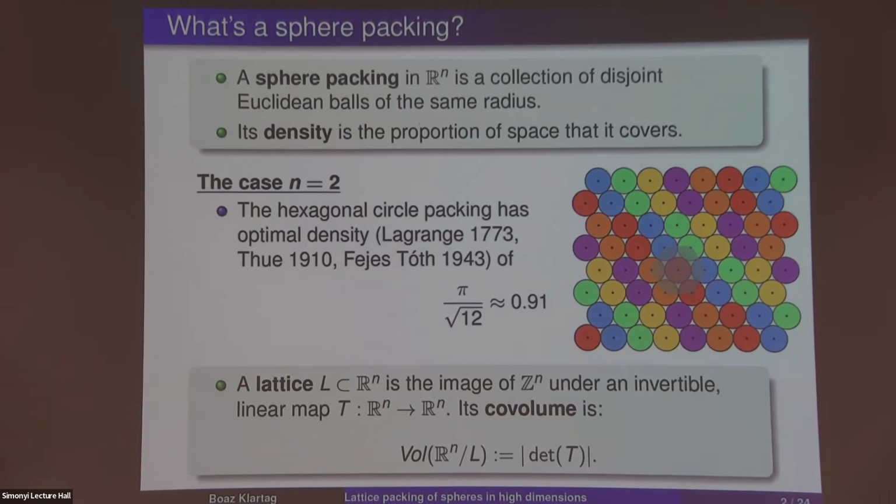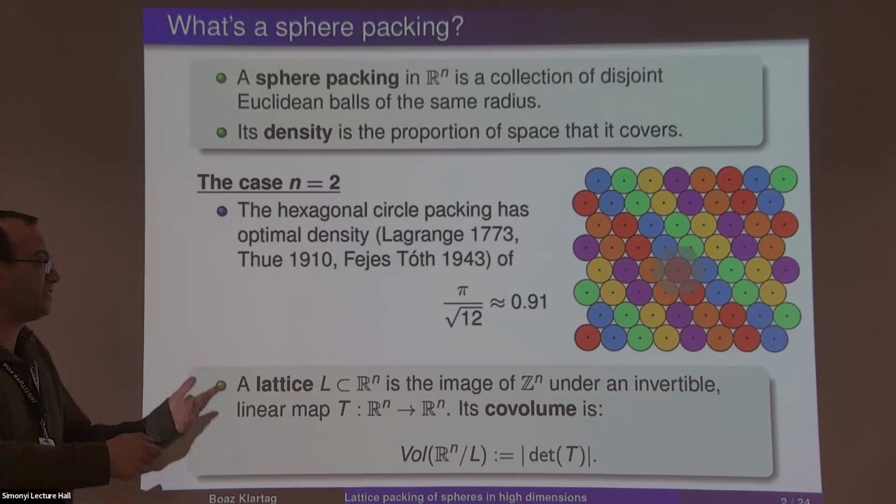One more thing that you can see about this circle packing is that the centers of this packing have lots of patterns. You can see lines and parallel lines. In fact, the collection of centers of this circle packing is a lattice in the plane. And what's a lattice?